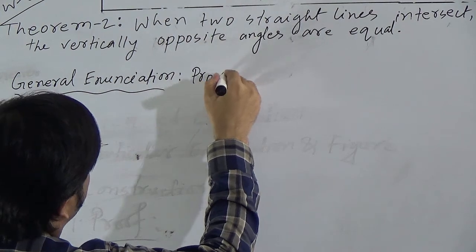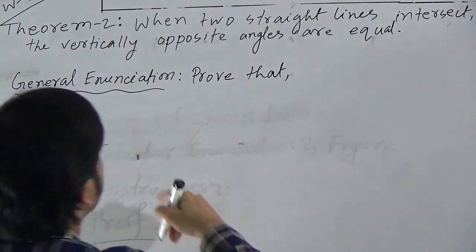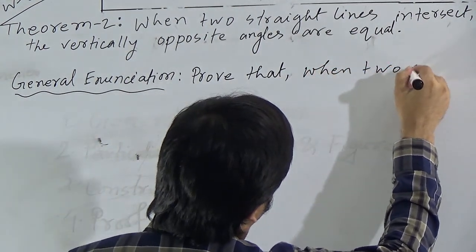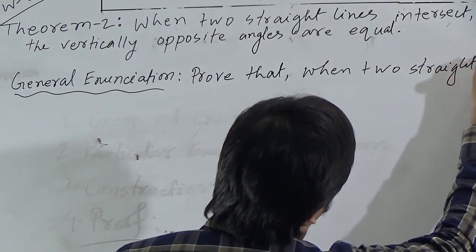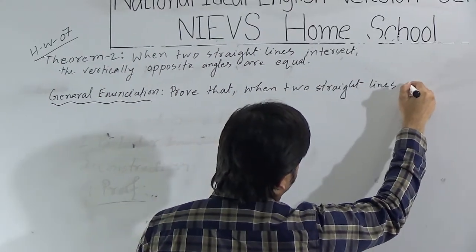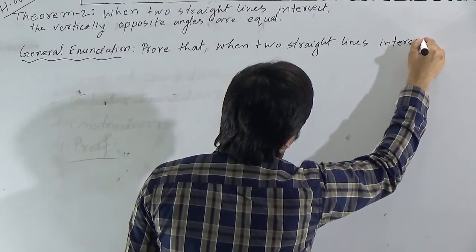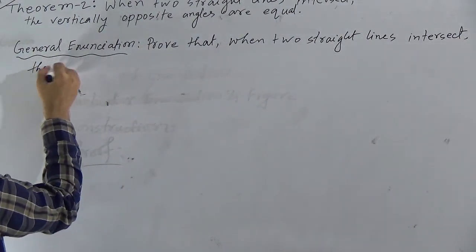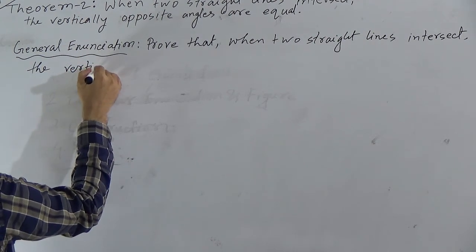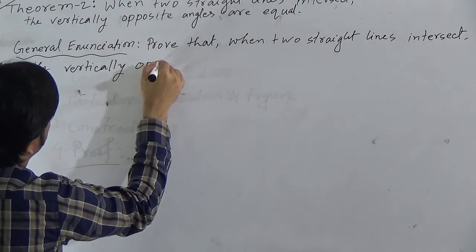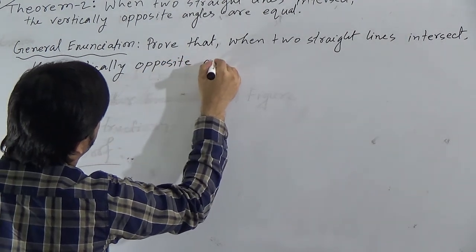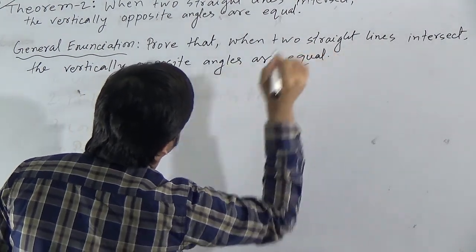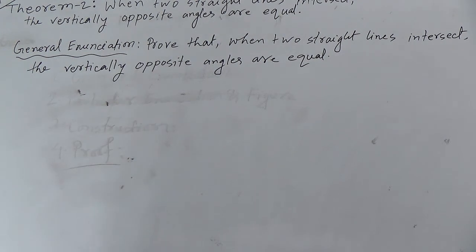Prove that when two straight lines intersect, the vertically opposite angles are equal. Dear students, this is our general statement, general enunciation.